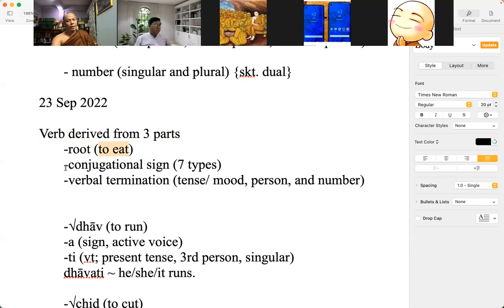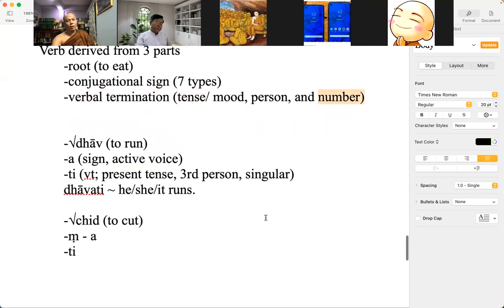And then the second part is the conjugation sign. The conjugation sign has three types. Now the first type we learned. And then the third one is the verb termination. The verb termination can denote tense or mood, and person and number.